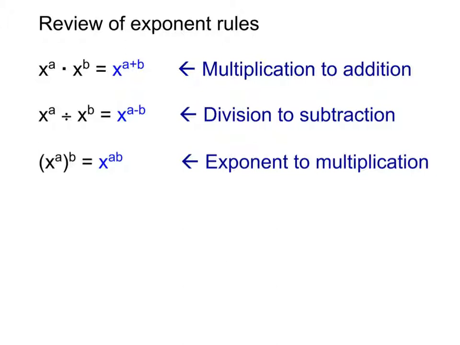It's like this first one. The multiplication led to addition. And then division led to subtraction. And a power to a power, that is an exponent, led us to multiplication. I actually remember it as the order of operations, the old PEMDAS. You'll notice multiplication leads to addition.